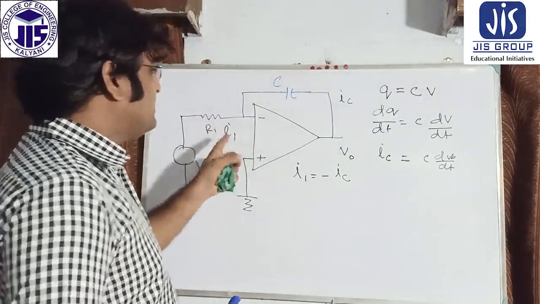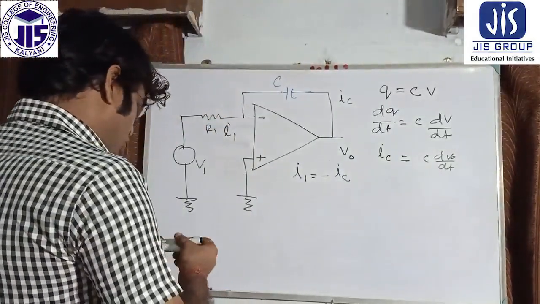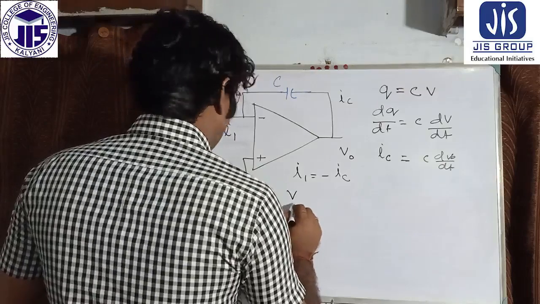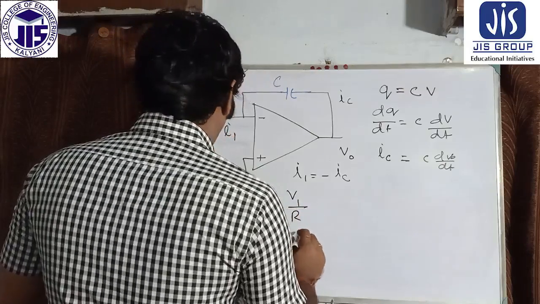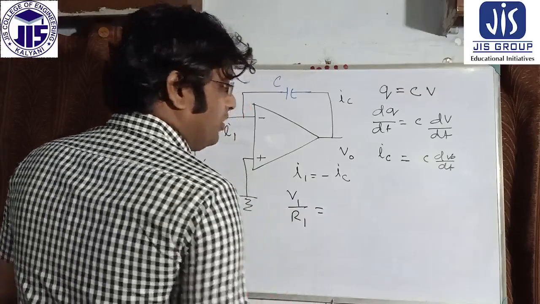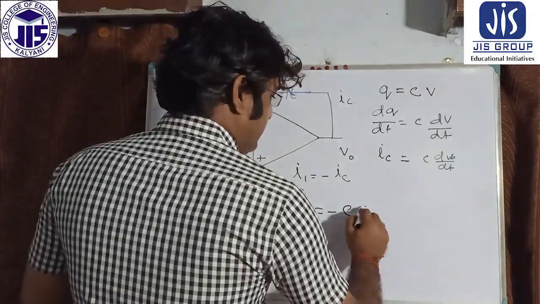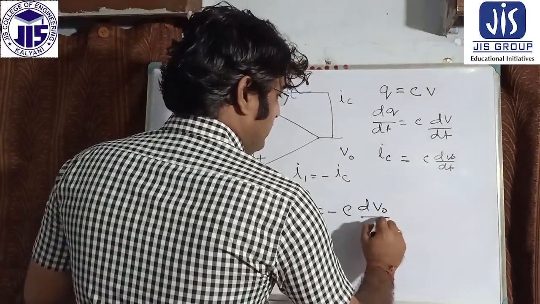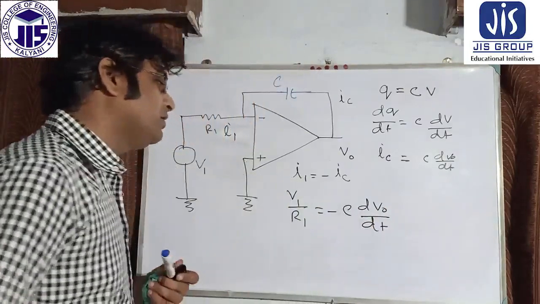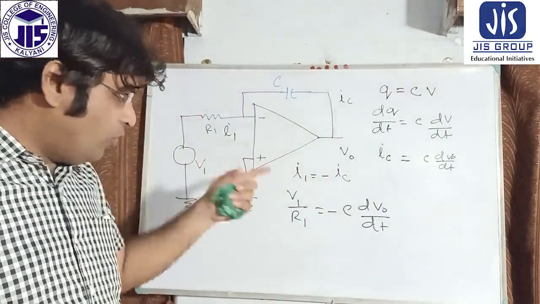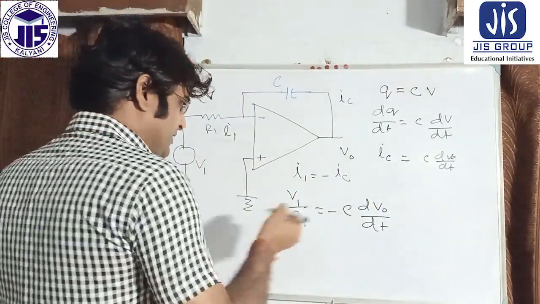So we represent I1, which equals V1 by R1, equals minus C dV0/dt. One expression is coming now.